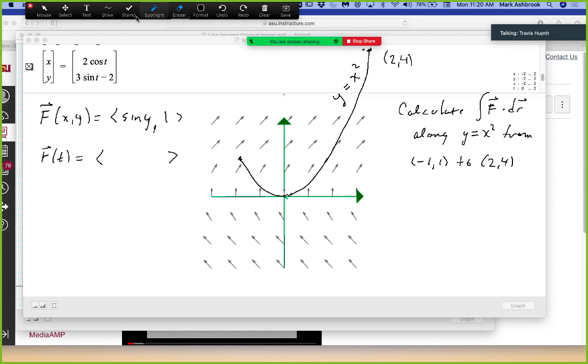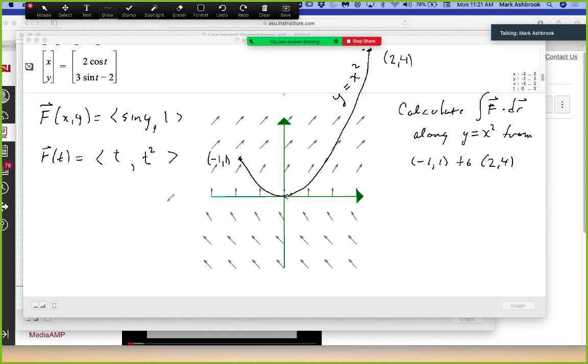You set one variable equal to t, and then for the other variable, we can simply use the function we're given. So which variable do we want to make t? Make x t. And then what will y be? t squared.